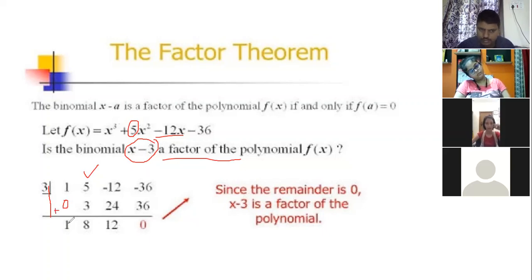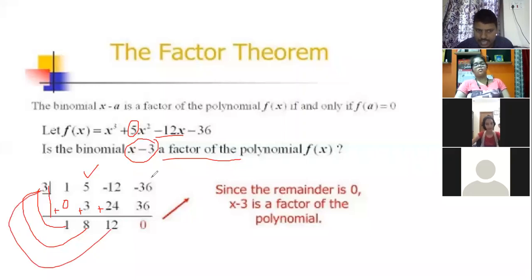0 plus 1 is 1. 3 ones are 3. Add both: 5 plus 3 is 8. 8 threes are 24. Again add: minus 12 plus 24 gives 12. 12 threes are 36. Plus 36 and minus 36 cancel. You got answer 0.